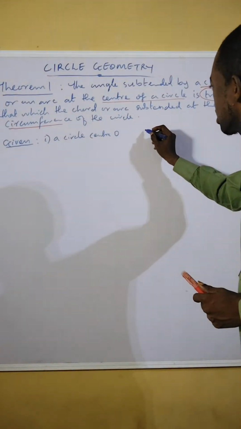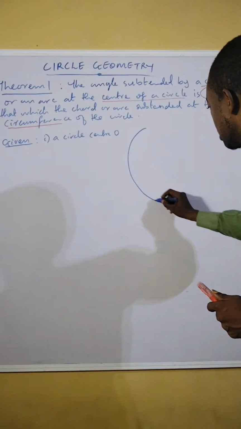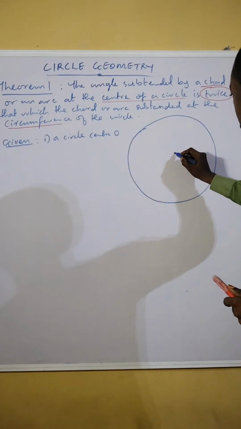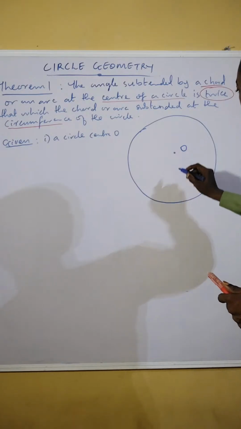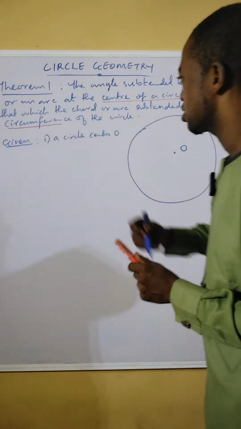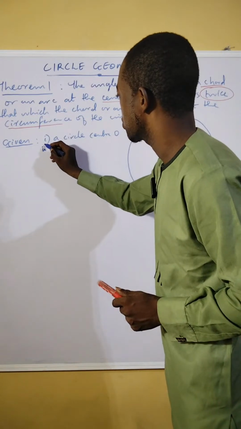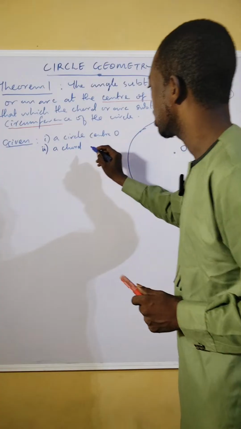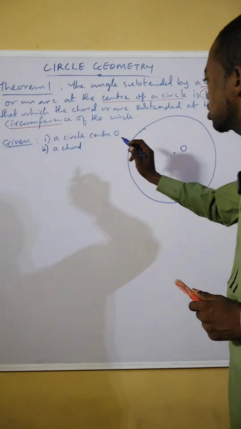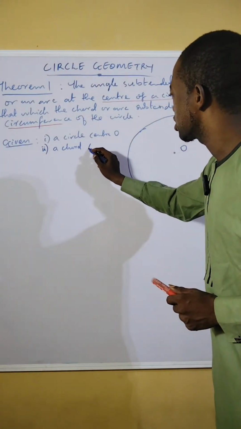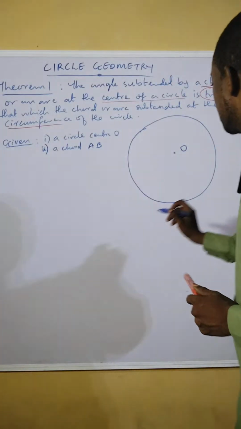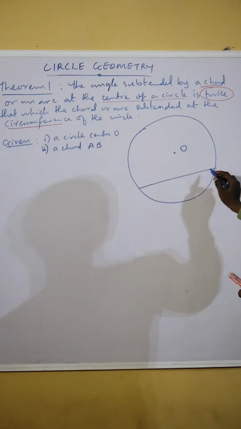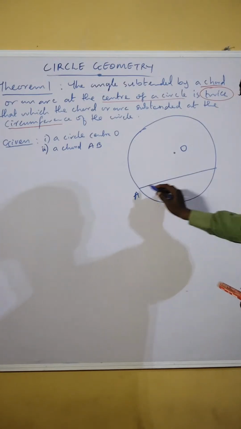So let's have the diagram at this side, and we have this as a circle with center O here. Then the next thing is that we have a chord or an arc. Here, let's consider it as a chord, and let's label that chord as AB. So we can come to this circle here, and we draw this as a chord, and we label it as AB.